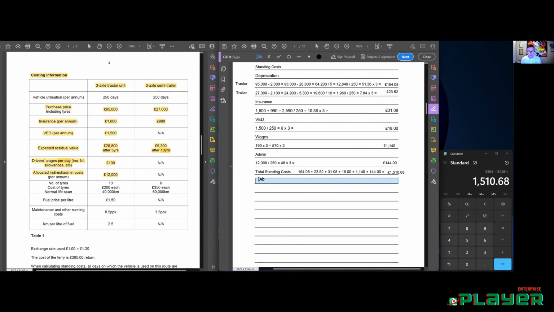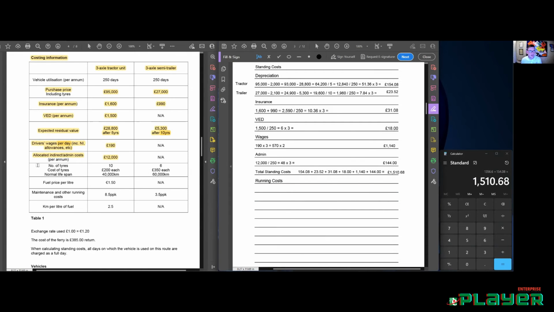Okay, well, I've got my standing costs, so I'm going to need to have some running costs. Running costs. There we go. Title it up again. The first running cost it has in here is those tyres. The tyres that we said before come as a running cost rather than a standing cost as part of the vehicle.